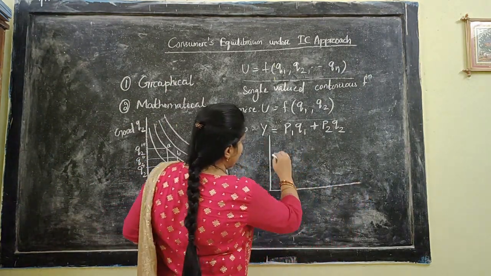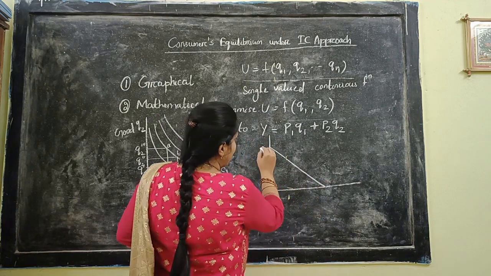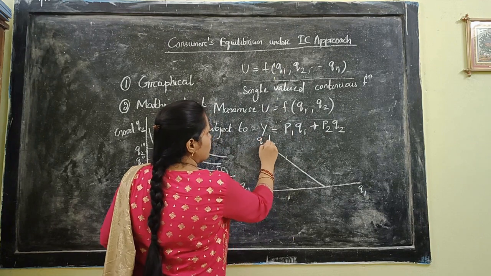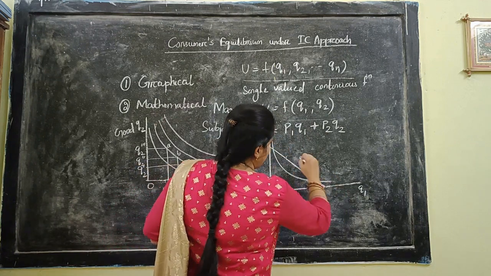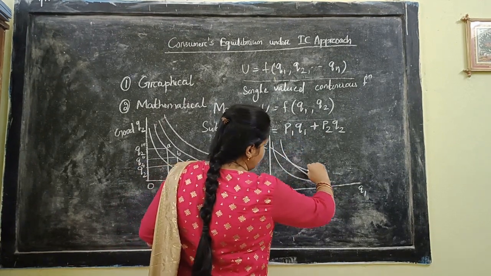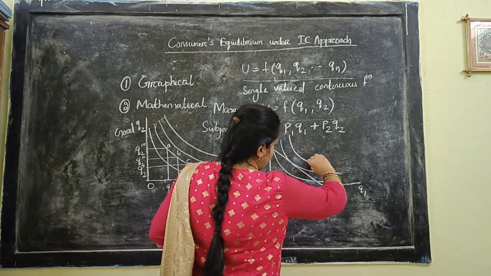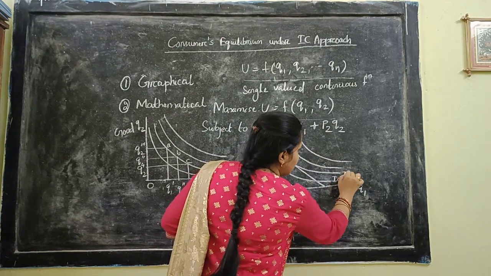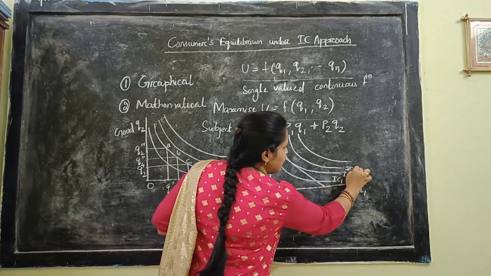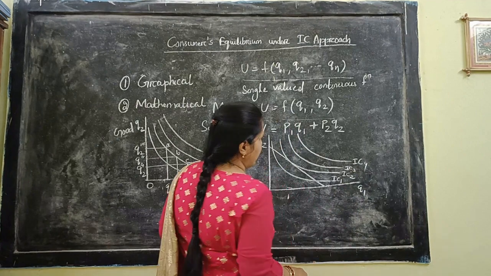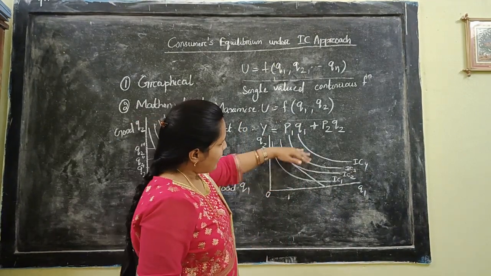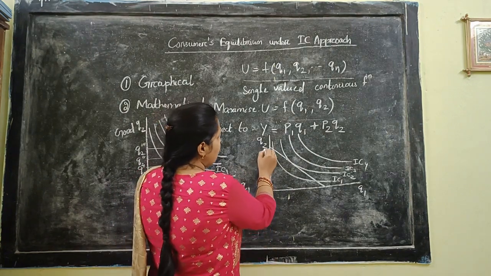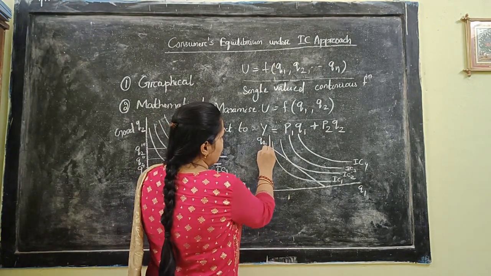Suppose this is Q1 and this is Q2, and this is the indifference curve map of the consumer: IC1, IC2, IC3, IC4. As I told you, higher indifference curves give a higher level of satisfaction to the consumer. Now this is the budget line of the consumer.